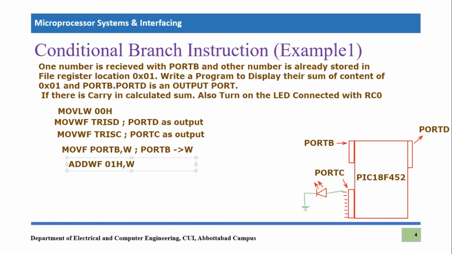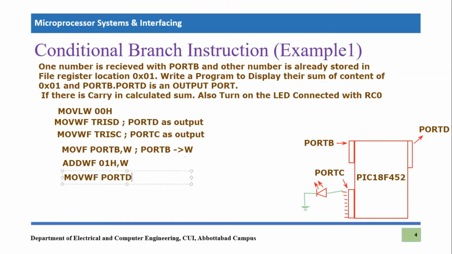Let's say we save it in the working register, right? Now here we come to the point. We have to send the result, whatever the summation is, to port D. So we will send move working file port D.